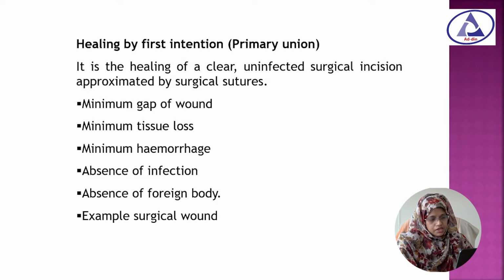It includes minimal gap of the wound, minimal tissue loss, minimal hemorrhage, absence of infection, and absence of foreign body. These are the features of healing that occurs by primary intention, and the example is a surgical wound.